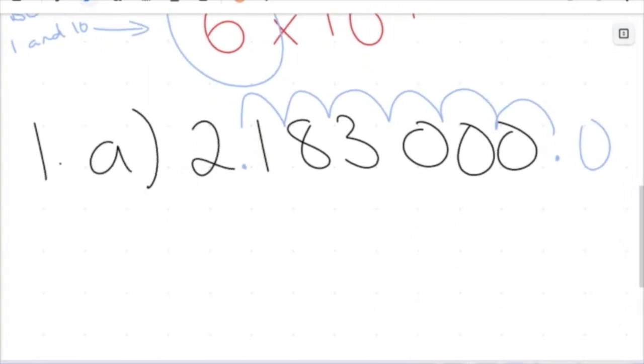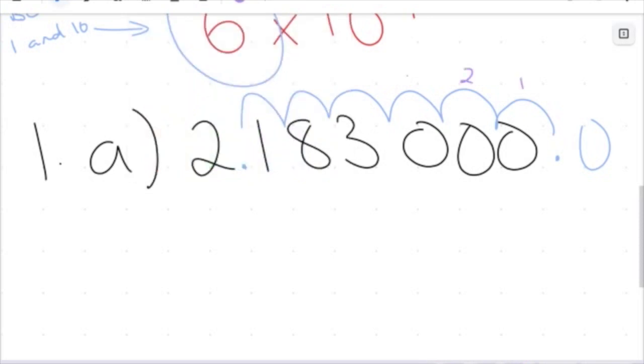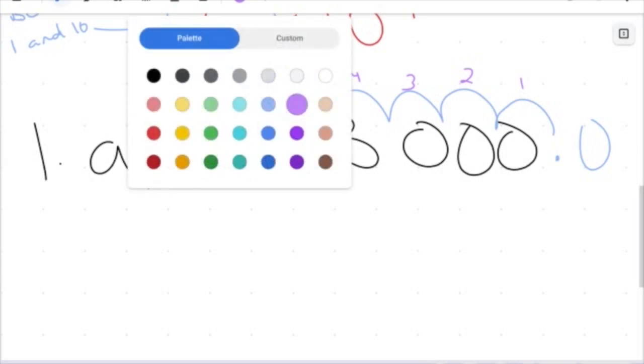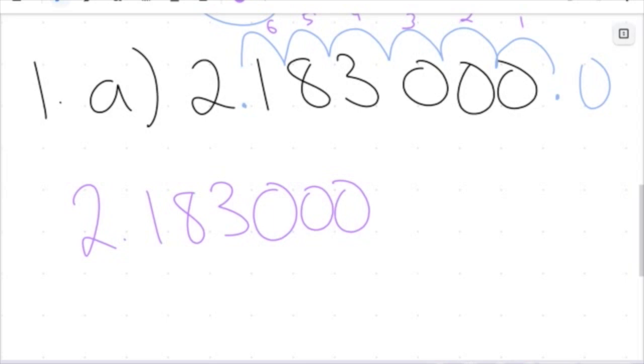And by counting, we can see how many times this was multiplied by 10. We had 1, 2, 3, 4, 5, 6. So that means my number becomes 2.183. I can write these zeros too if I wanted to, but I'm going to end up rounding them anyway, times 10.